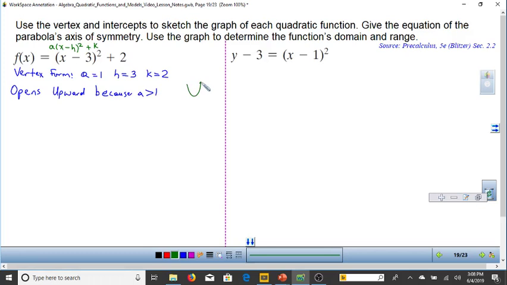So I'll just draw a little parabola that opens upward, and that will tell me that I'm dealing with a minimum value because the vertex is the lowest point on the graph. So then right away we know that the vertex has coordinates 3, 2, and that the vertex is a minimum point on the graph. The minimum value is 2 and it occurs at 3.